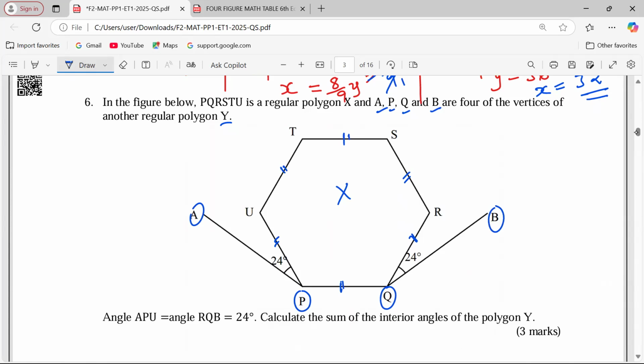We can know the sum of interior angles, and hence we can calculate each interior angle.